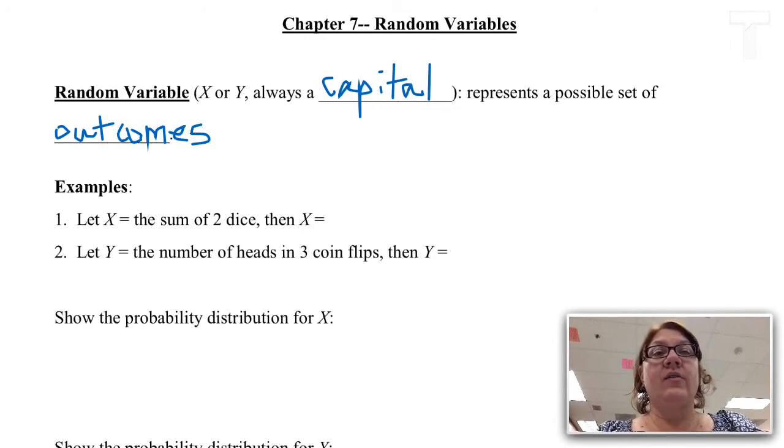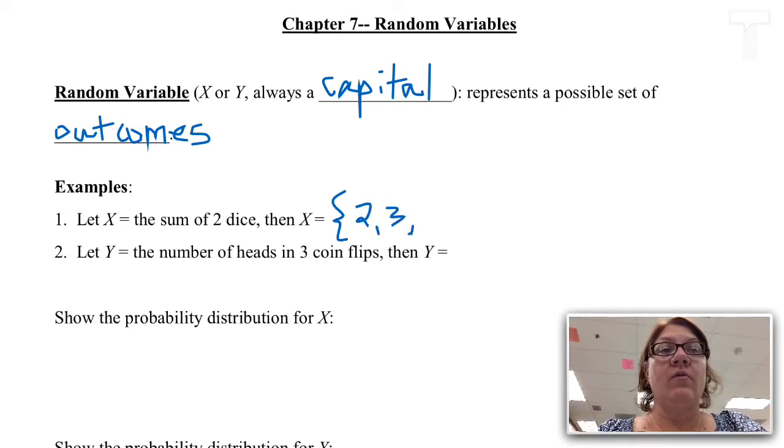So let's say X is the sum of two dice. Well, we know that all the outcomes, when we looked at the two dice table where we were doing sums back in your chapter 6 notes, the possible outcomes were everywhere from 2, 3, 4, all the way up to 12.